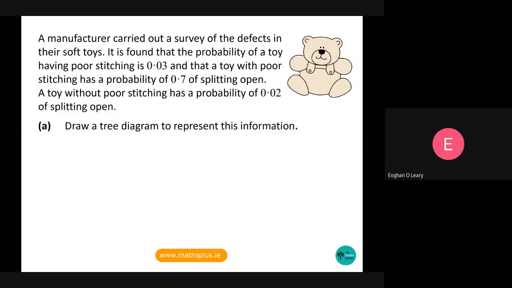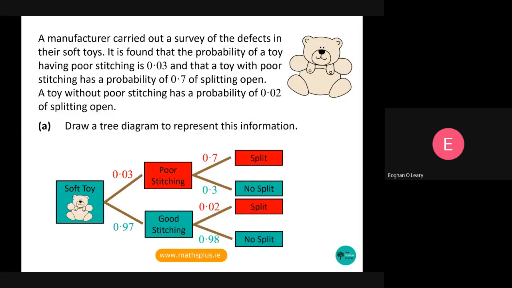A toy without poor stitching has a probability of 0.02 of splitting open. So if 3% have poor stitching, that means 97% have good stitching, and from those with good stitching, only 2% of them will split open. Draw a tree diagram to represent this information.